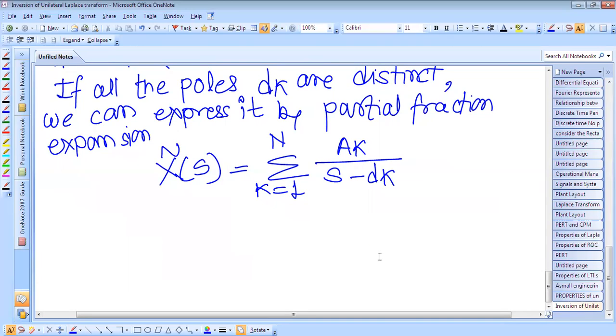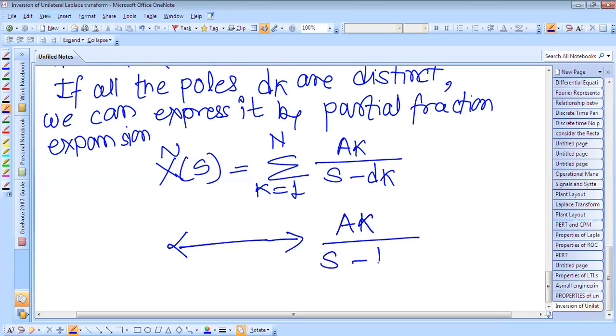Therefore the inverse Laplace transform of each term in the sum may now be written like this. What is the inverse Laplace transform of A_k over (s minus d_k)?